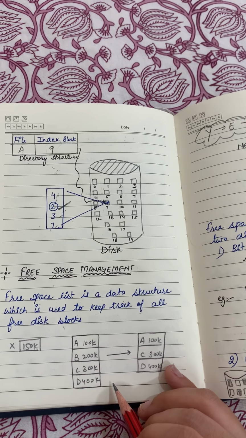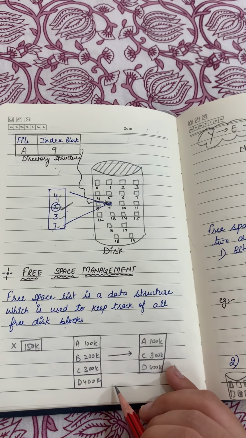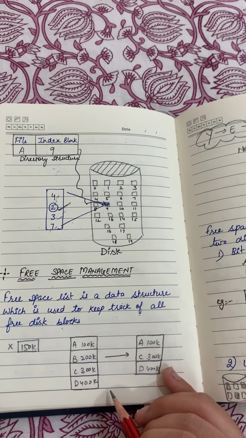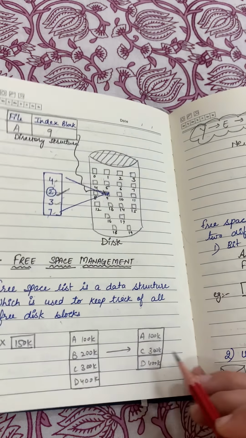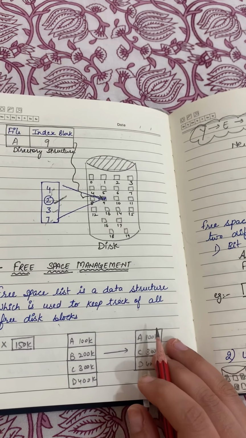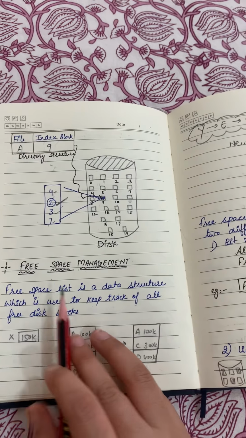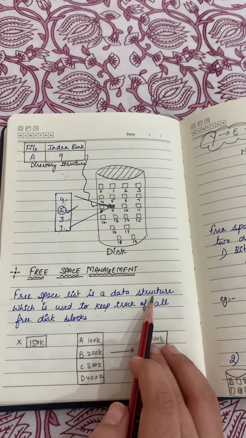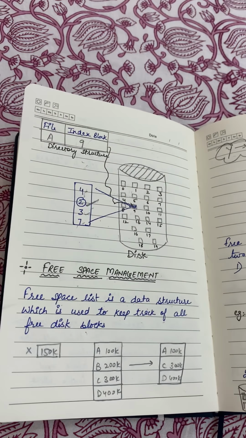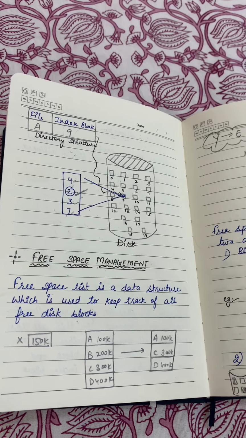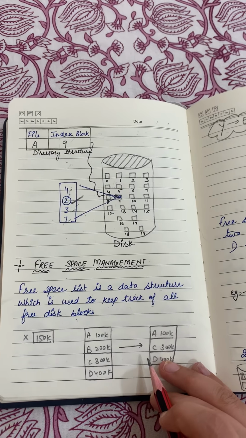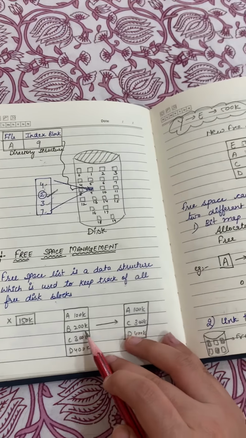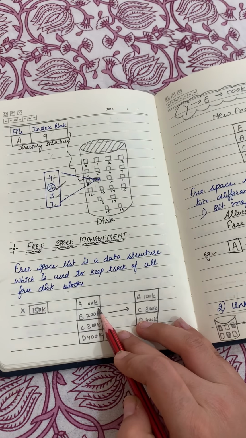For this we need to know about free space management, so that we could get to know which block is free and can be allocated to the new file. So for this purpose, free space list is a data structure which is used to keep track of all free disk blocks. For example, I have created a sample of free space list just for the explanation purpose.